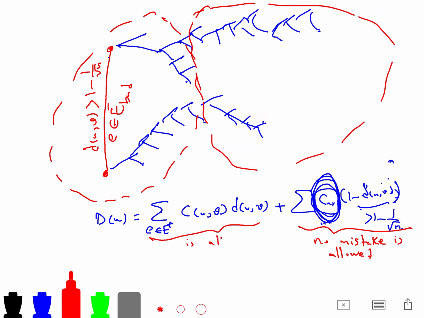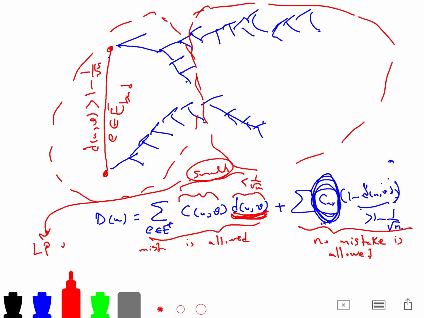And here, mistakes are allowed. Why? Because these are the edges where d of u and v is less than 1 over root n, and because this factor is small, whatever this c is, the multiplication is small.